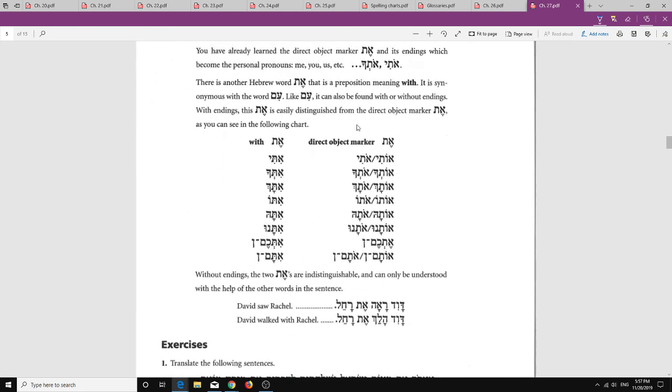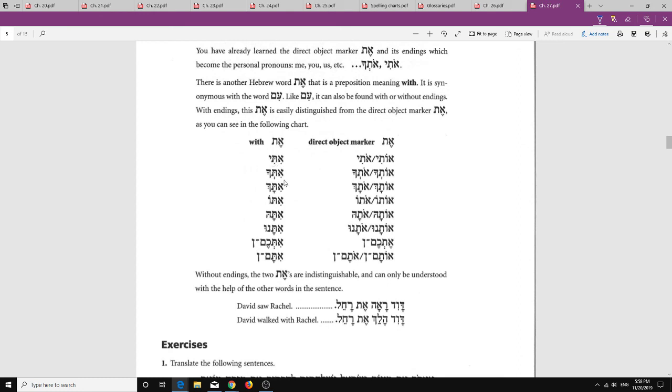Well, if it has an ending, that's actually super easy, because our direct object marker turns into this weird holam vav mixture kind of thing going on. So we have ot, or just a holam, I forget. It could just be a holam. So we have this O sound in it, while the preposition will just do exactly what you would expect it to.